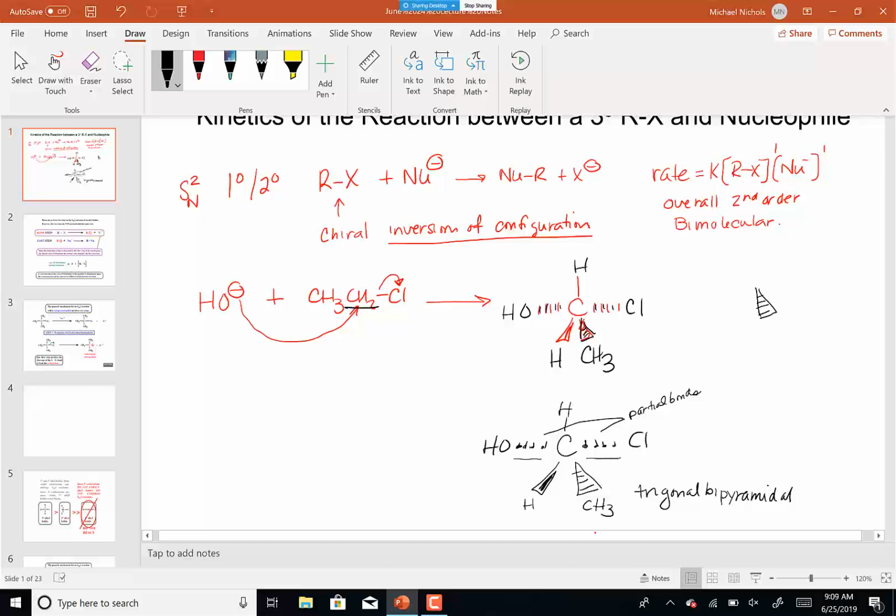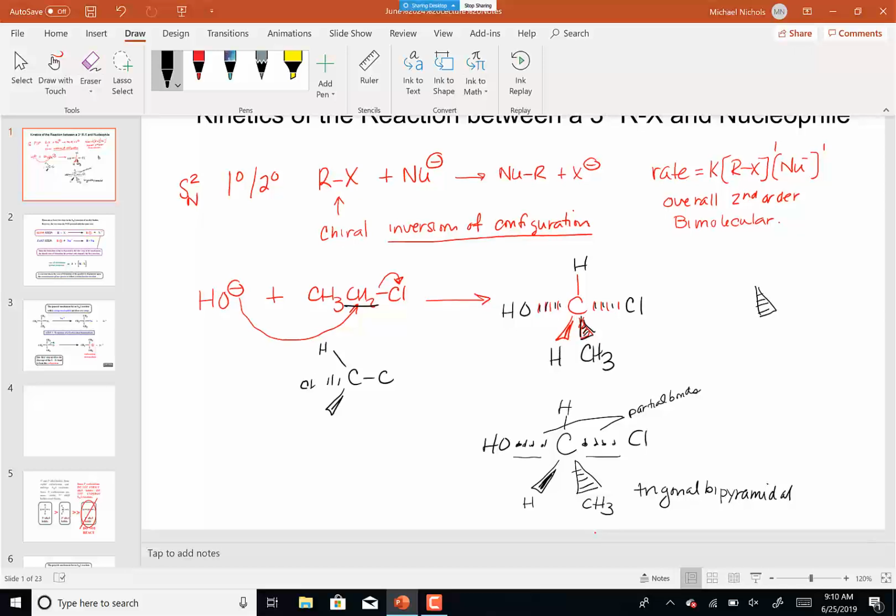So that when the hydroxide comes in and adds to that carbon, and the carbon-chlorine bond breaks, those 3 bonds that are pointing this way according to your orientation, as the hydroxide gets closer and closer, they flatten out until you get them perfectly in the middle with the transition state.